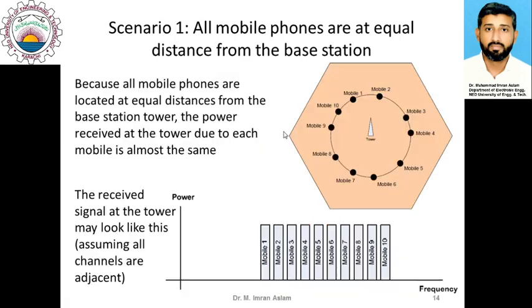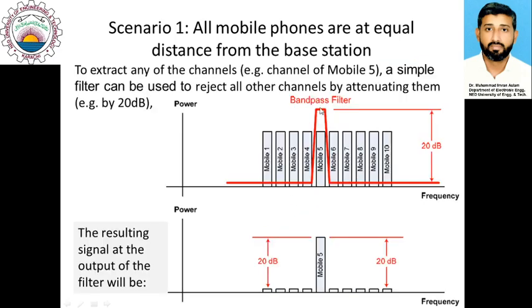So if we have this scenario number 1, where all the mobiles are at almost the same distance, it's very easy to extract the signals we want from a specific mobile, and we can use a specific band pass filter to extract that particular signal.